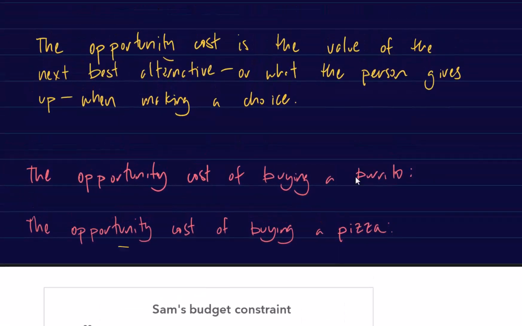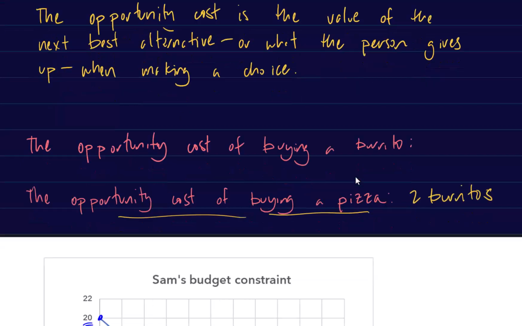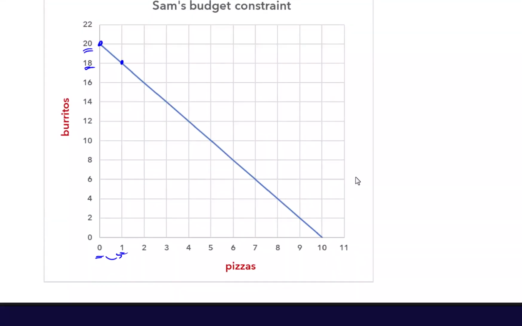Okay, so we're looking here. The opportunity cost of buying a pizza is 2 burritos. Now, what's the opportunity cost of buying a burrito? We can do the same, but now at the other extreme. If Sam happens to be at this point, he's spending all his money on pizzas, so he has 10 pizzas and 0 burritos.